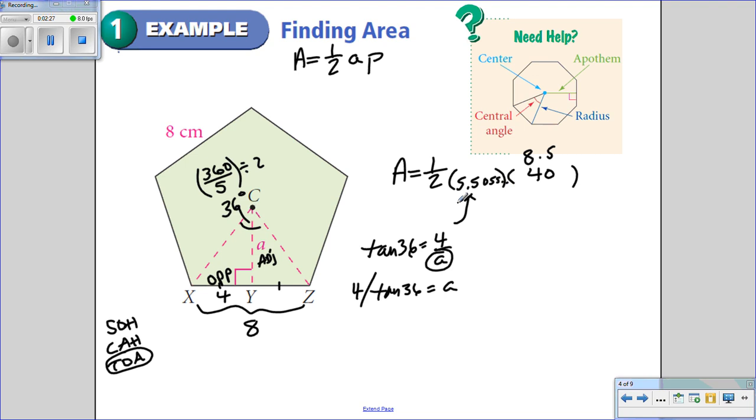Now I'm just going to keep that in my calculator and multiply it by the rest of the equation, times 40 and then divide it by 2. And if you do that correctly, we get approximately 110.1, and that would be centimeters squared.